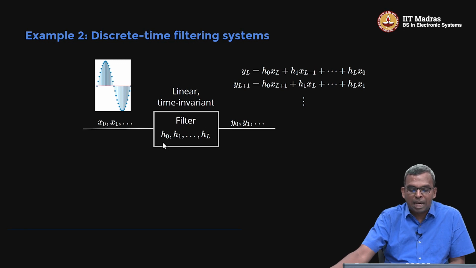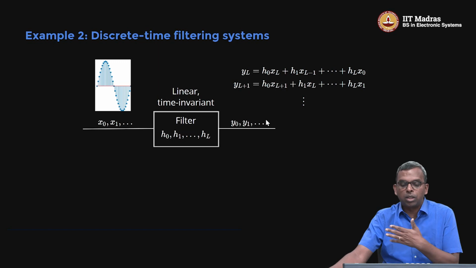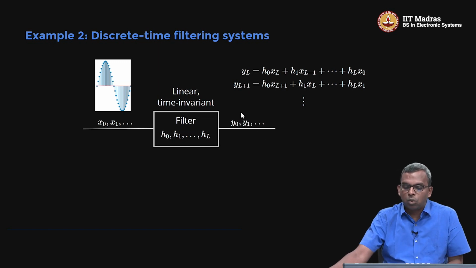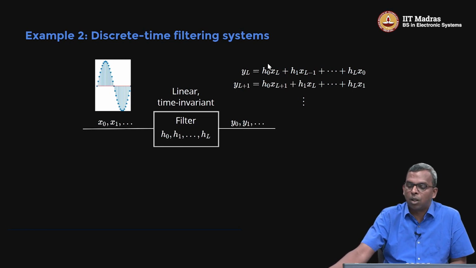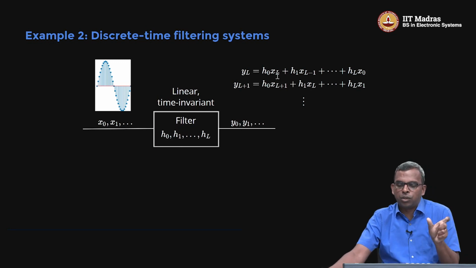This filter will have certain coefficients, h0, h1 to hL. These are called the taps of the filter. Then there will be an output that comes out, y0, y1, etc. What is the connection between these outputs, these inputs and these filter taps? They have a linear relationship, and this is how it goes. There is also this time invariance property, which accounts for the shifting.